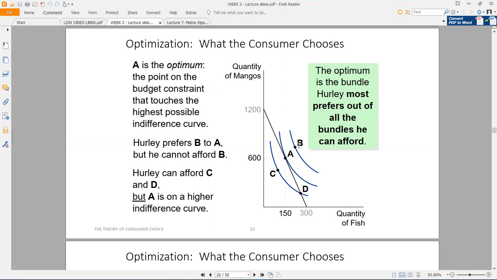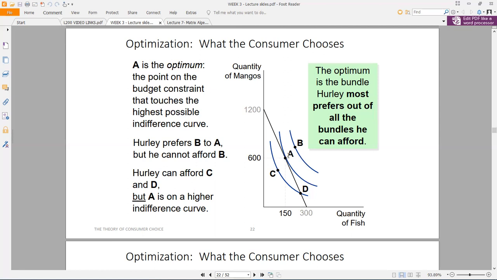It's outside your budget constraint, so you wouldn't go for that. And C is on a lower indifference curve, which means that if you choose C, you are getting a lower level of satisfaction than if you choose A. So this point A is the optimal bundle. This is the bundle that, when this individual consumes it, will get the highest level of satisfaction.